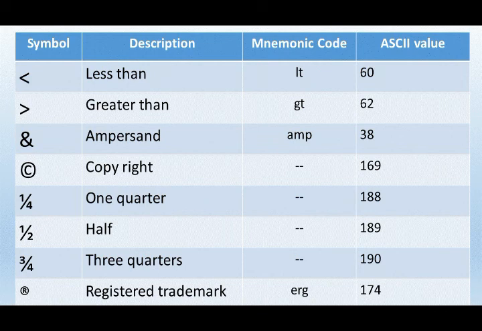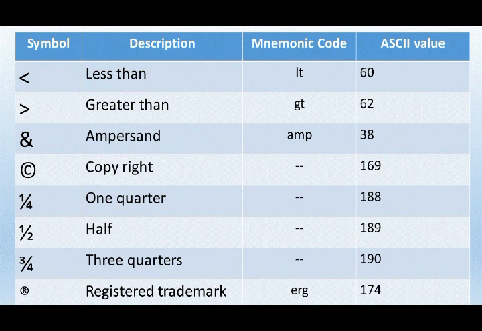In the ASCII code system, each character has been assigned a particular numeric value. So the next symbol is greater than, and the mnemonic code for that is GT. ASCII value, you can see that 62 here.